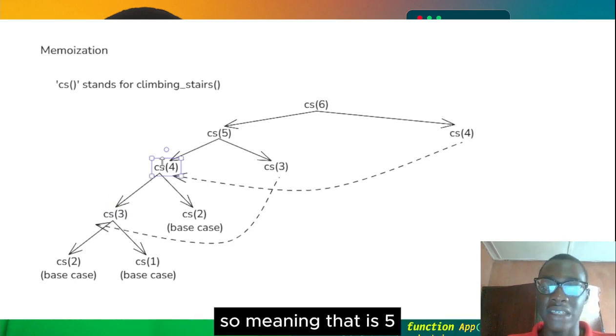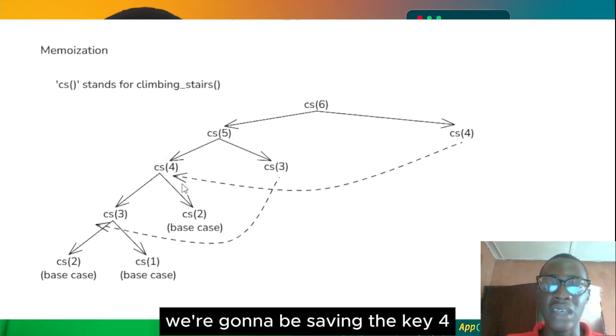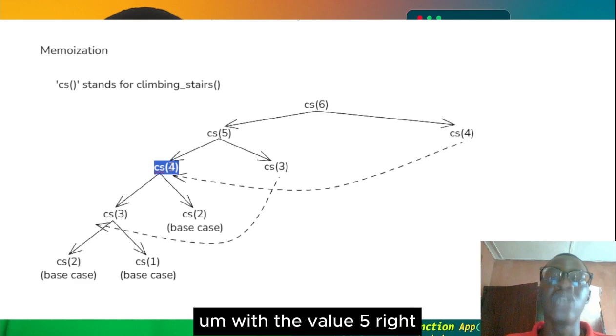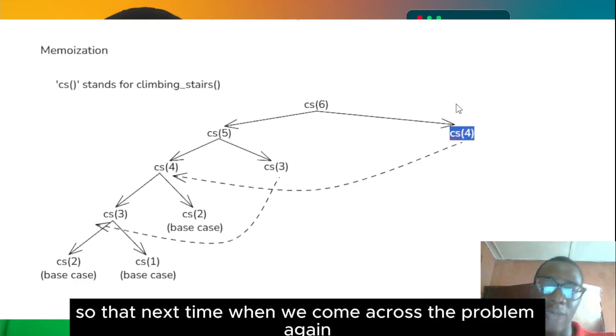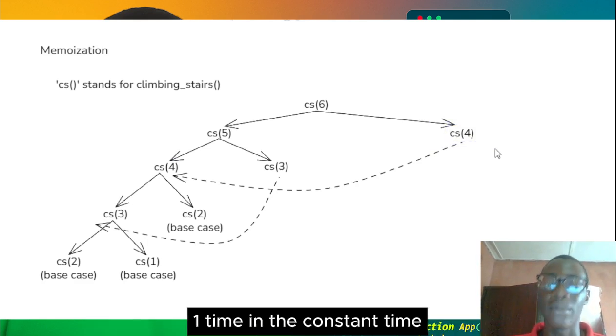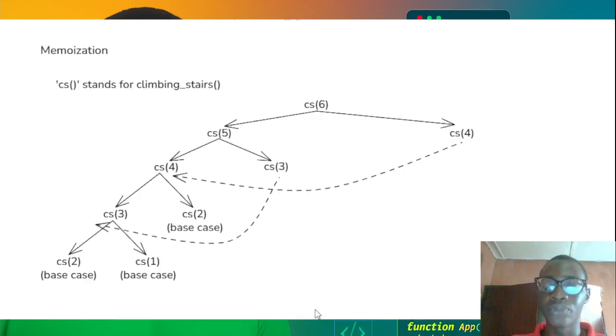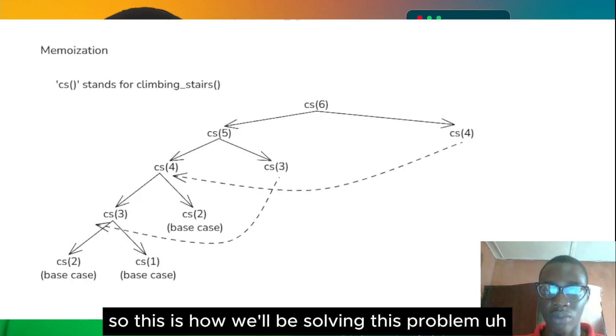So it is 5. What we're going to be doing is saving the key 4 with the value 5 in our hash map, so that next time when we come across the problem again, we can just look it up in the hash map in O(1) time, in constant time, instead of doing it again and again. So this is how we'll be solving this problem.